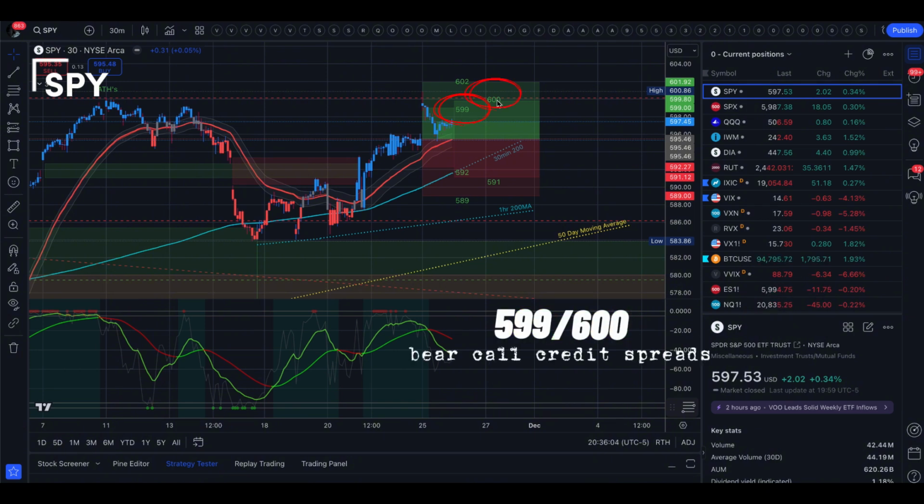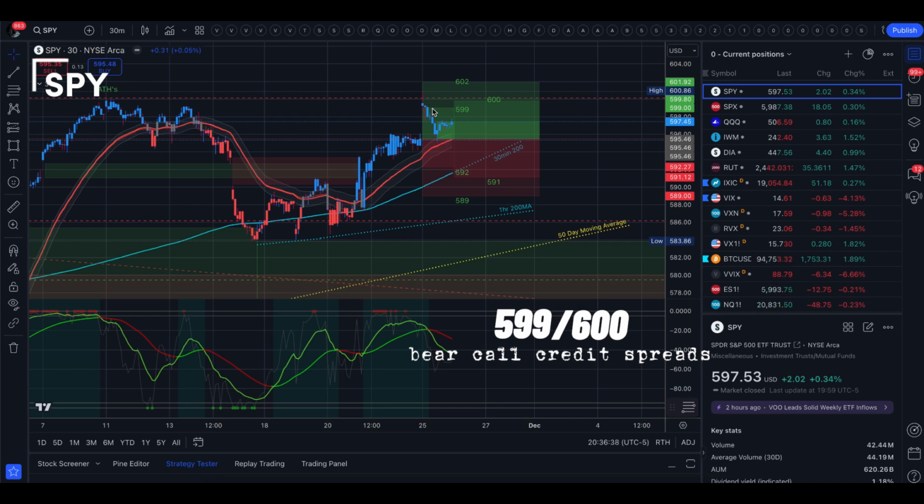Now a bear call spread is where you sell 599, just like if you had 100 shares and you're selling a call. So you're selling 599 and you're buying 600. 600 is your collateral, so you don't need the 100 shares. So you have 599, 600 bear call spreads. Right here, we opened at the top of the implied move.